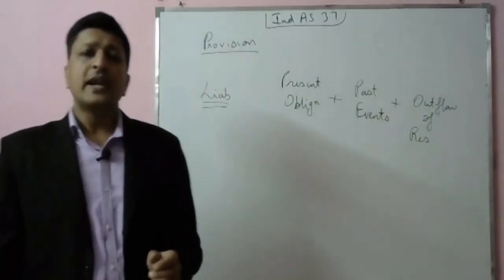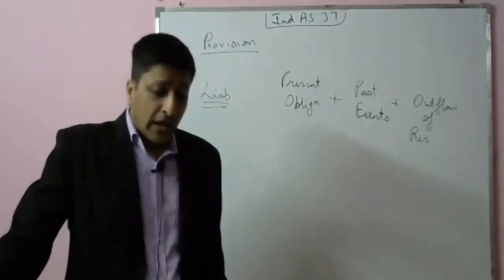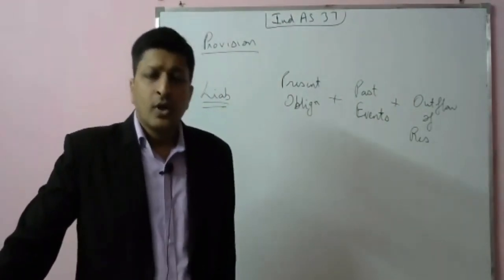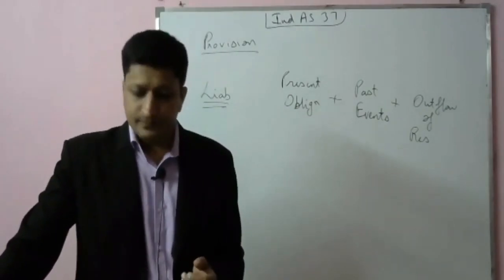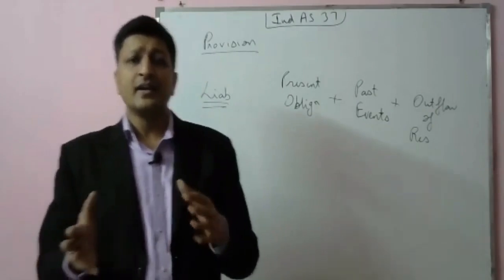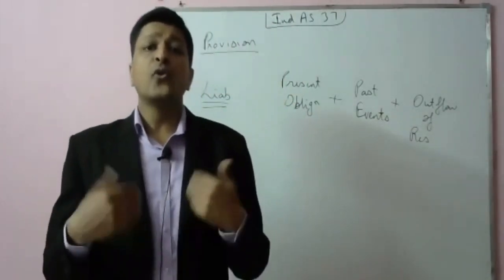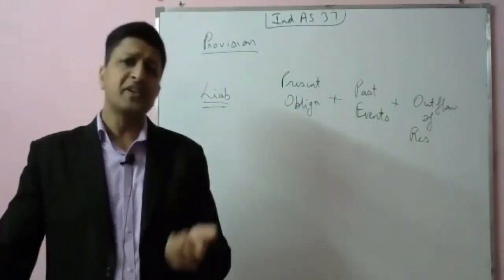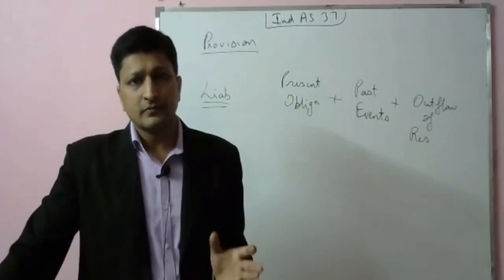In terms of liability, as I was talking about financial instruments, under Ind AS 32, you would have already understood the meaning of financial liability. What was financial liability? Wherein the outflow of resources, or you can say in very simple terms, wherein the payment of cash cannot be avoided. Correct?